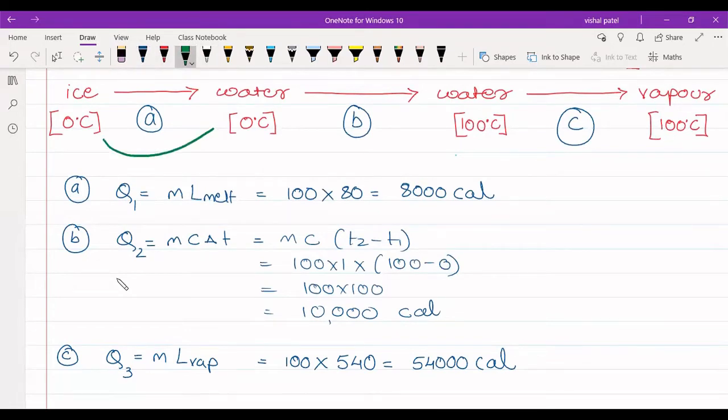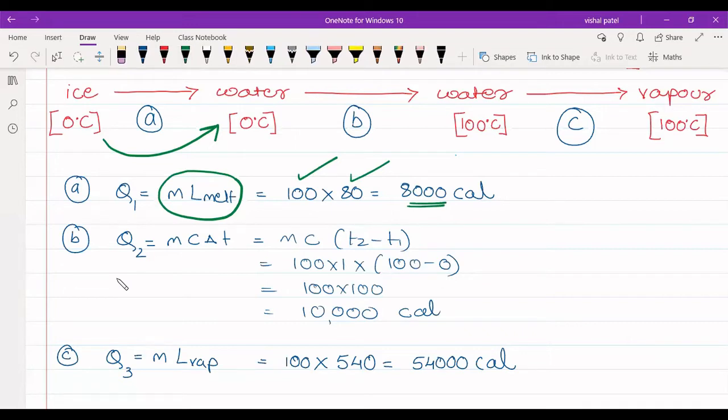Ice is getting converted to water. मतलब क्या? It is only change of state. See here, what I said, whenever there is a change of state, we always have to use latent heat. So what I did, mass into latent heat, I got 8,000 calories.